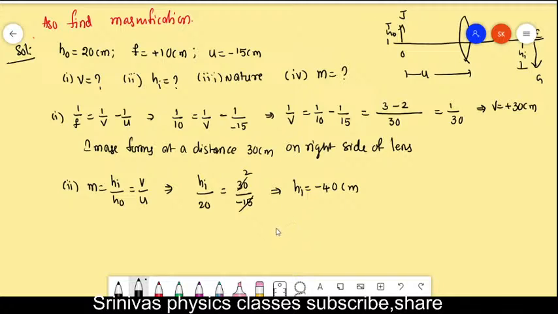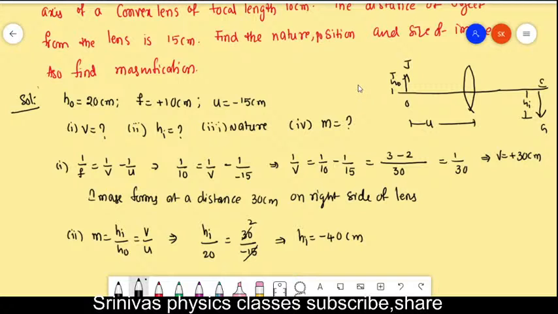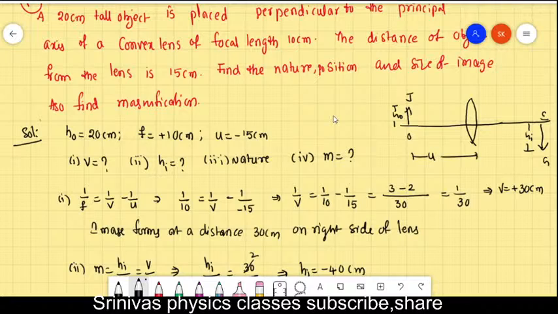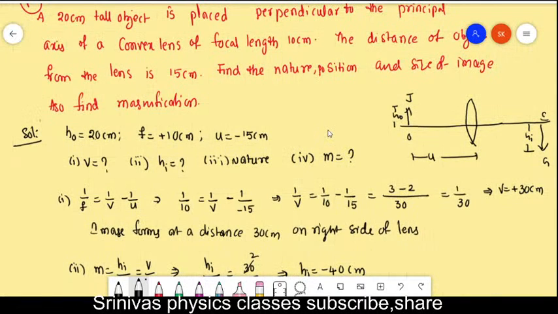Height of object is 20 centimeters. Oh, this height of object we have taken as 2.0 centimeters. You remember it. It will change in the question. No problem. If height of object is 20 centimeters, you will get that one.